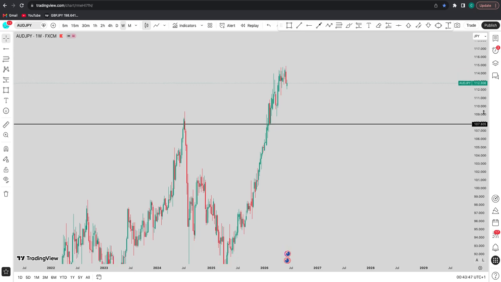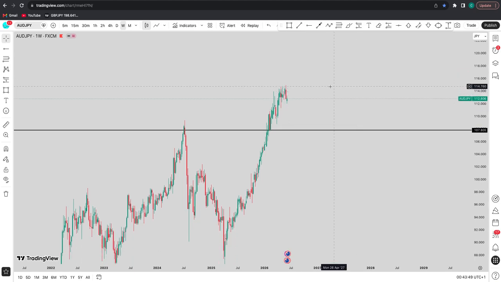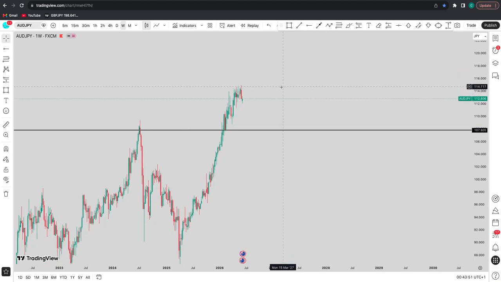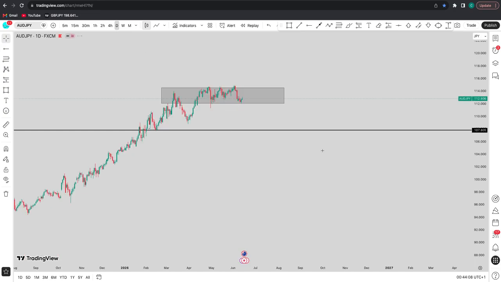Although the market structure on the daily is not the cleanest, even on the weekly, you can see we've been stuck in this particular zone. Although I would not like to be taking this type of trade, I'm still very bullish on this pair until the market does otherwise.